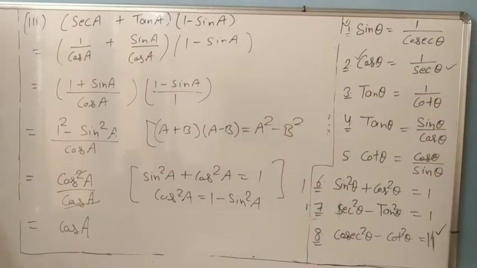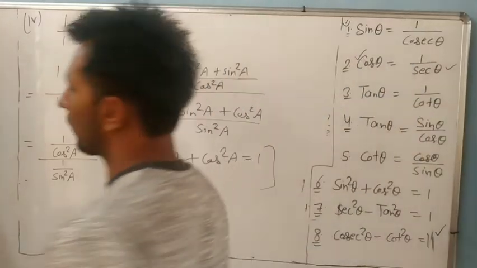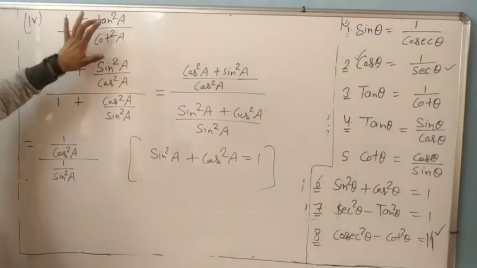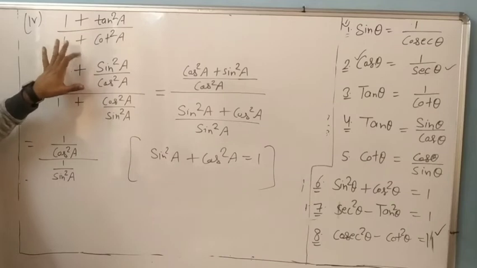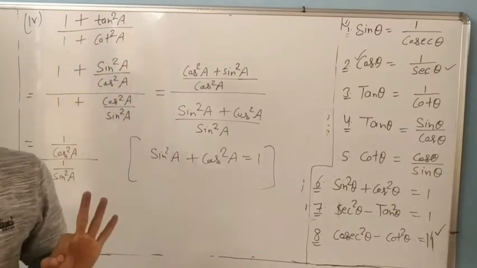Now dear, fourth question, fourth part. Look at 1 plus tan square A divided by 1 plus cot square A. Only one thing you have to remember: change into sine and cos.